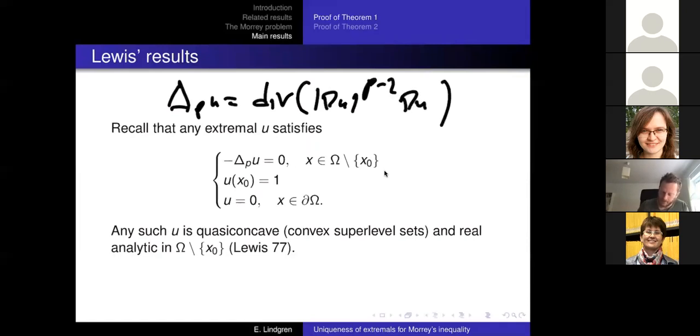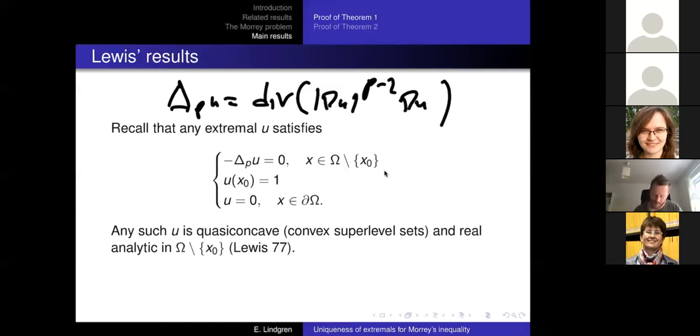So at least when p is larger than 2, this thing vanishes when the gradient vanishes. There are additional difficulties when the gradient vanishes, but it turns out that in convex domains, when you solve this problem, for these potential functions the gradient never vanishes. So you get rid of that problem.